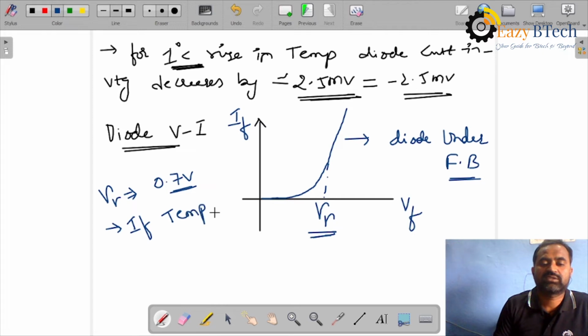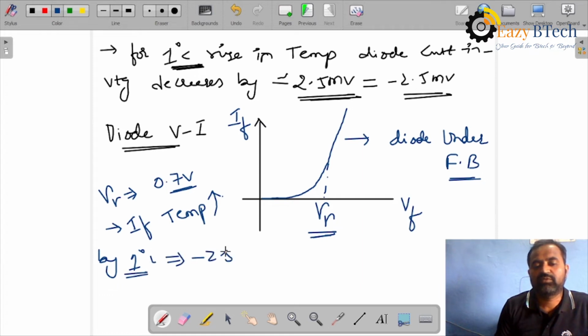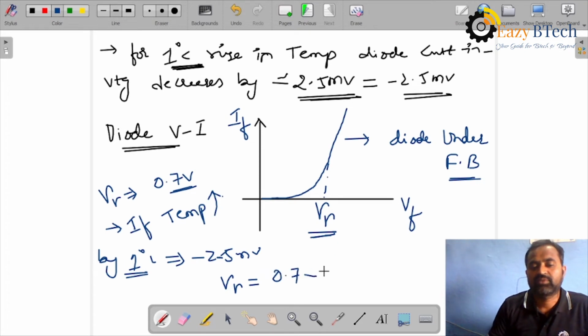Now if temperature increases by 1 degree centigrade, then it will be minus 2.5 millivolts. So the cut-in voltage is equal to 0.7 minus 0.025 millivolts.